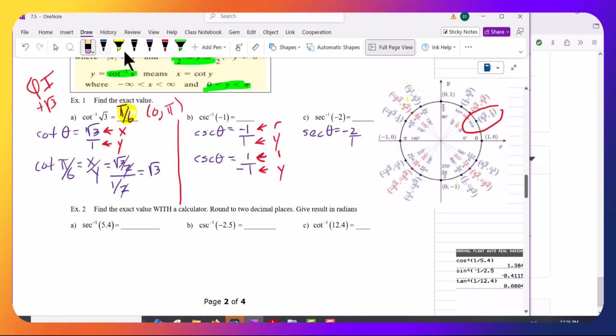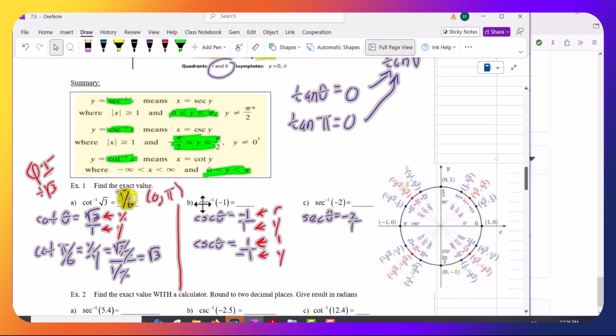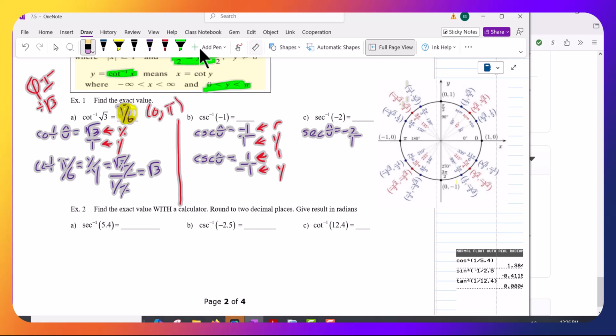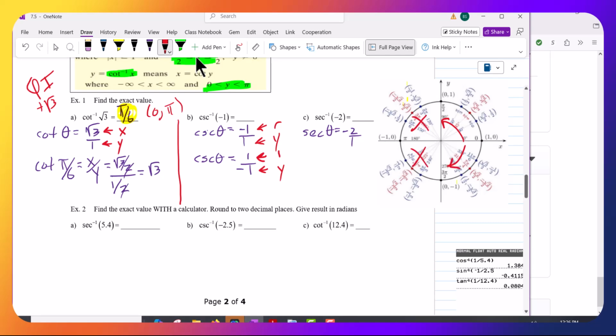On the unit circle you have to pay attention to the range. The range of an inverse cosecant is negative pi over 2 to pi over 2, so you're only considering this region and this region here. You don't pay any attention to any angles outside of that range. So you look at where y is negative 1.